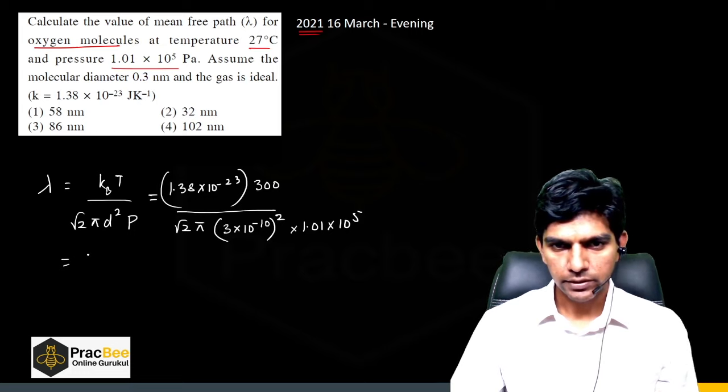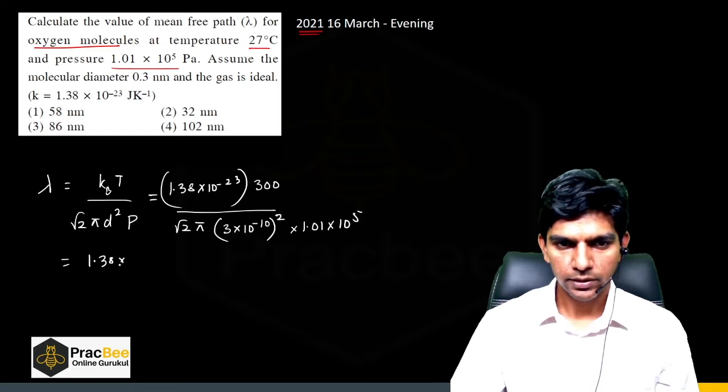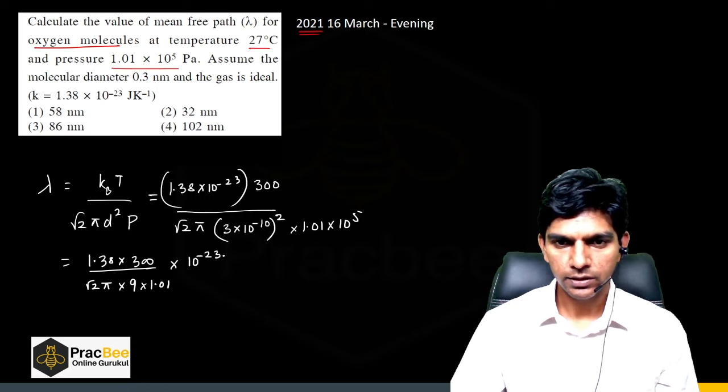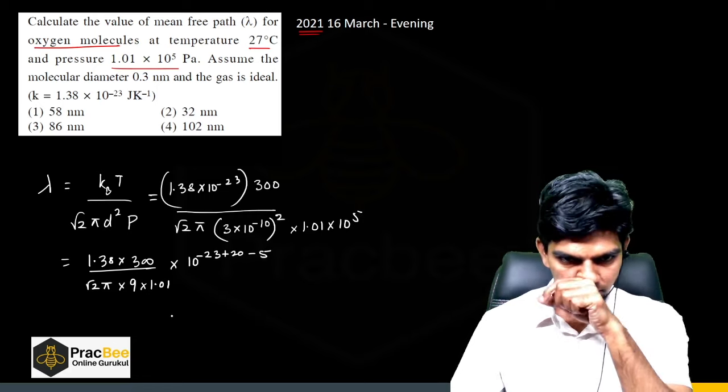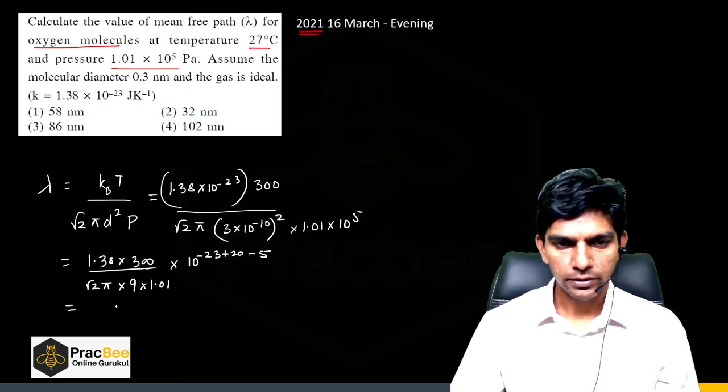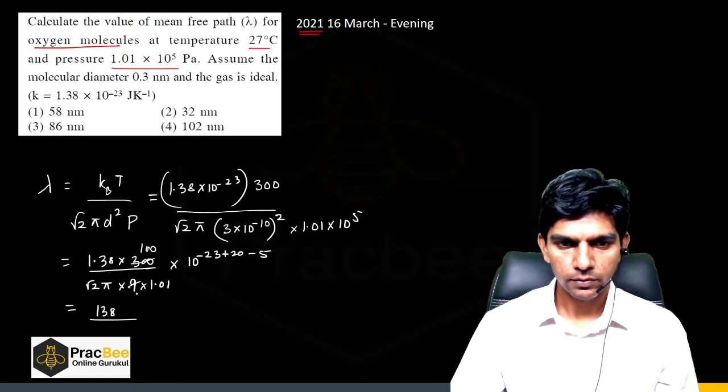So what we can do, let us separate out all the exponent terms. So 1.38 times 300 divided by root 2 pi, this will be 9 times 1.01. Now it will be 10 raised to minus 23 plus 20 minus 5. Okay, so the numerator will become 138 and this will be 3.